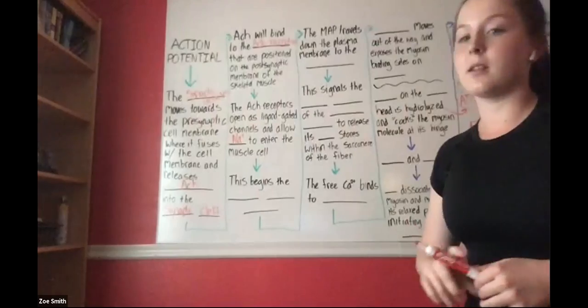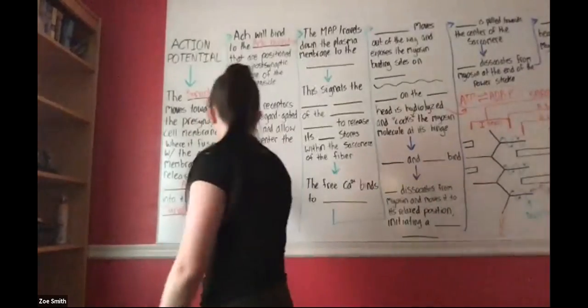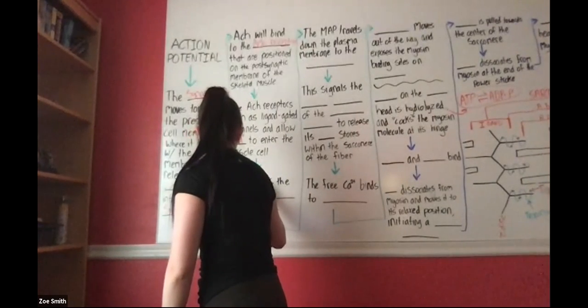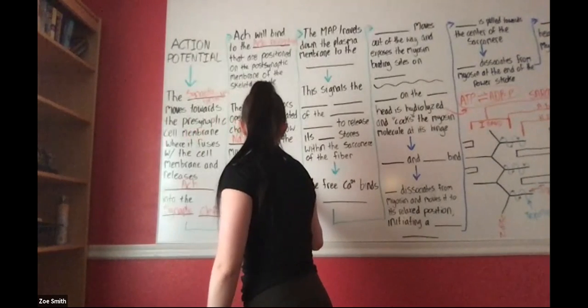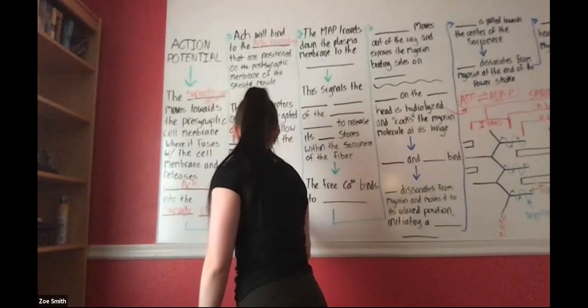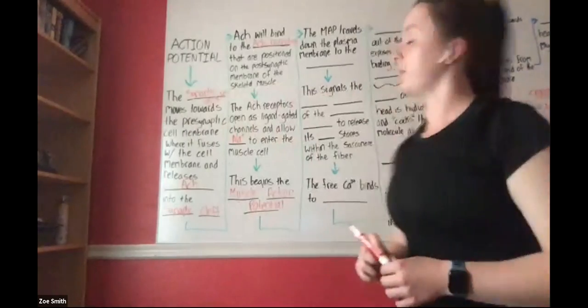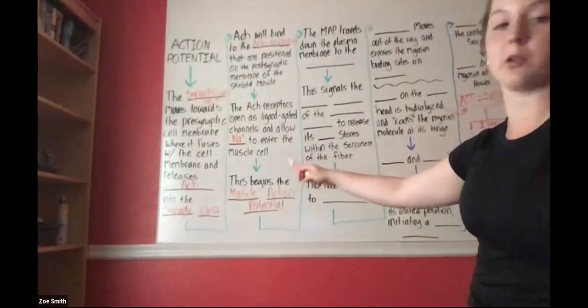This begins the blank, blank, blank. That is going to be muscle action potential. Sorry, my handwriting is awful. But the muscle action potential is just the action potential within that skeletal muscle fiber.